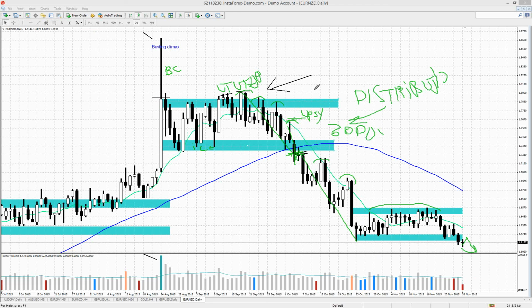Theo, what is the difference between distribution and reaccumulation? Distribution, first of all, everything starts in a similar way. The first half of the trading range is usually the same, but you must watch the volume, you must watch the price action in the anatomy of the trading range, and that's the most important.